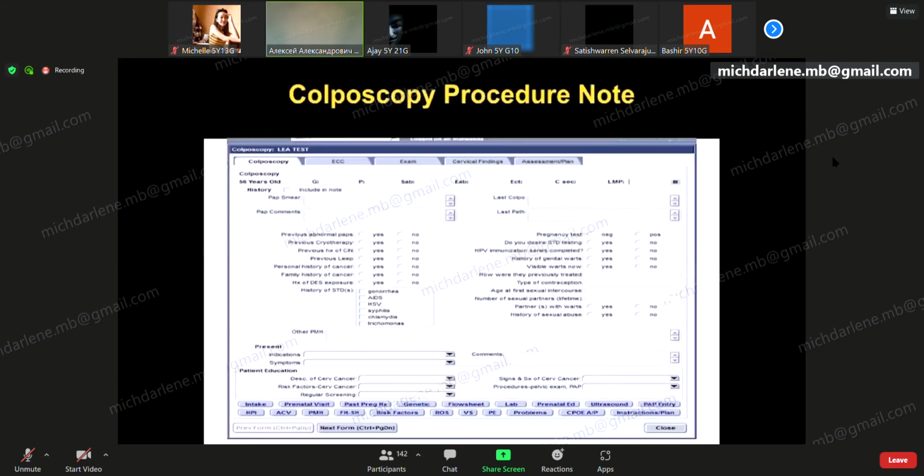After the procedure, you will be required to fill out the form that includes colposcopic findings and the sites of the biopsy.